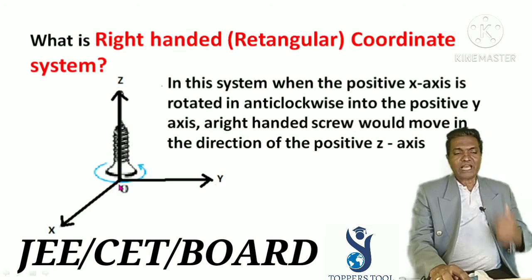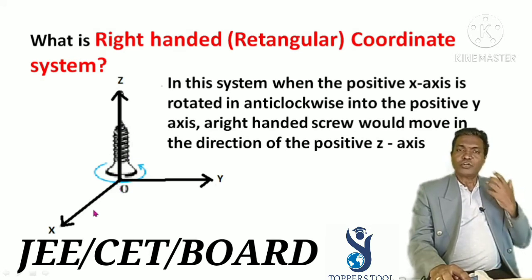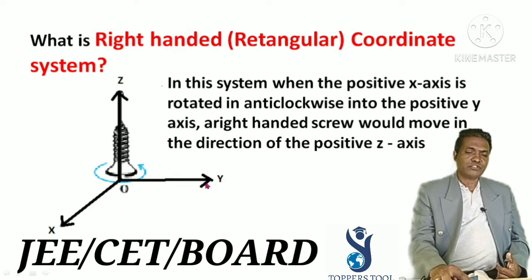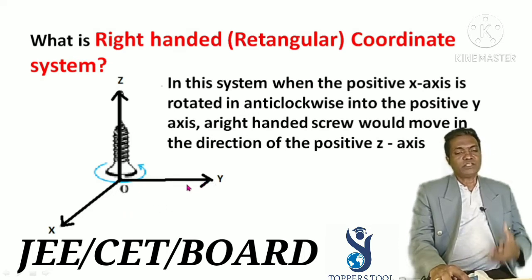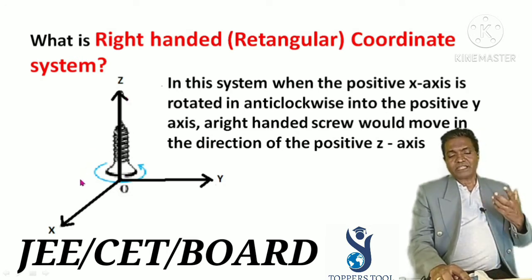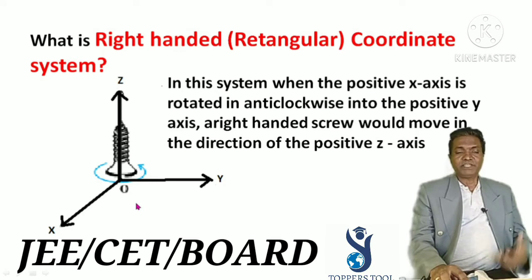Then what will happen when you rotate the axis? Suppose you rotate the positive x-axis towards the positive y-axis, then in which direction will the screw move? It moves along the positive z-axis. Practically, you might have experienced this also.